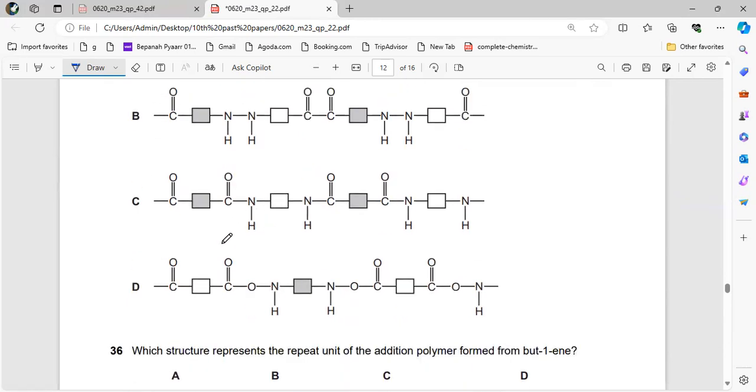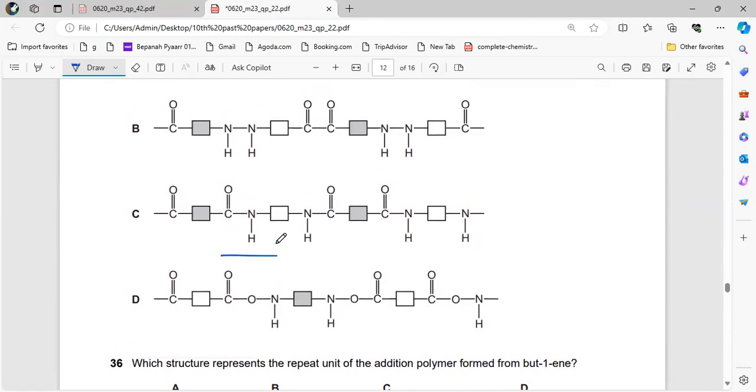And we have amide linkage in option C also. Now, here we have to observe that on both sides of this box, we should have the same functional group. So in option C, we have C double bond O on both sides, NH on both sides of the box. That is why option C is the correct diagram of nylon.